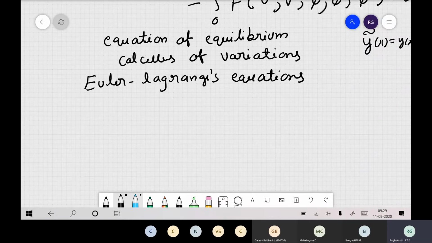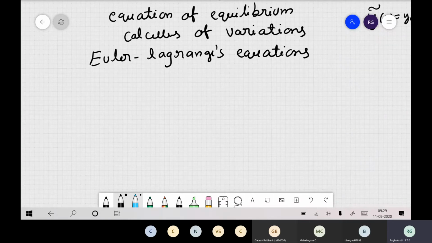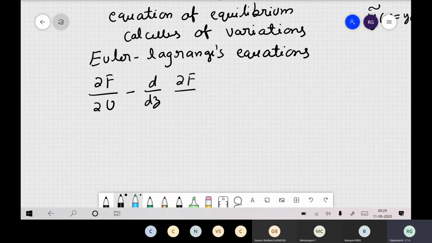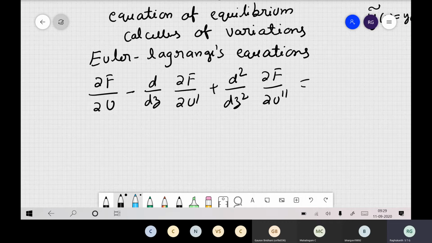So Euler Lagrange equations we have. These are standard equations. Since you are having three variables, u, v, phi, you will get three equations. The equation will be dou f by dou u minus d by dz of dou f by dou u dash plus d square by dz square of dou f by dou u double dash is equal to 0.